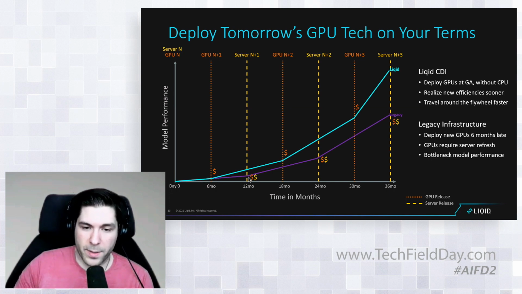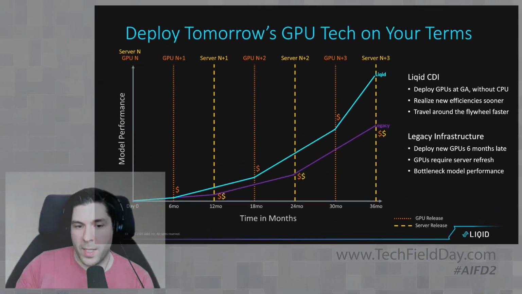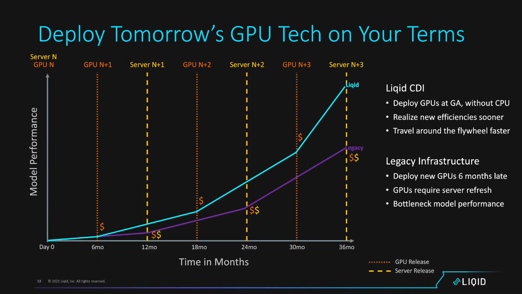Imagine two companies that don't do anything different. We throw power and cooling out the door. We throw right-sizing the system out the door. Let's just pretend these are identically sized systems. What you end up with using our technologies is the ability to start modifying your infrastructure the day new equipment comes out, get it in the field.